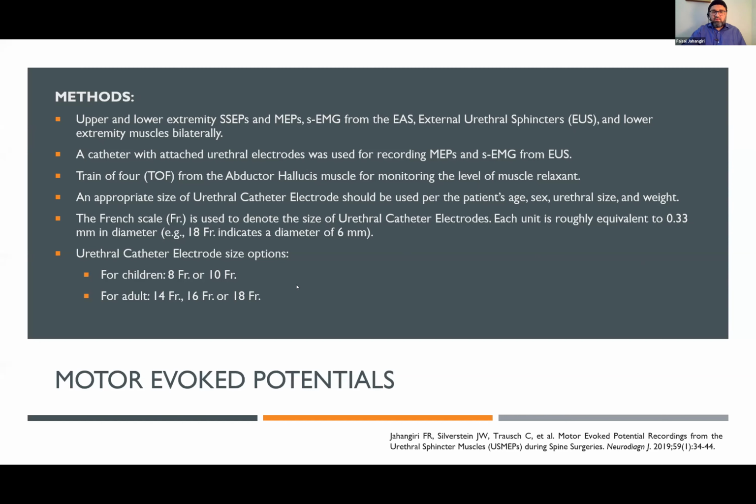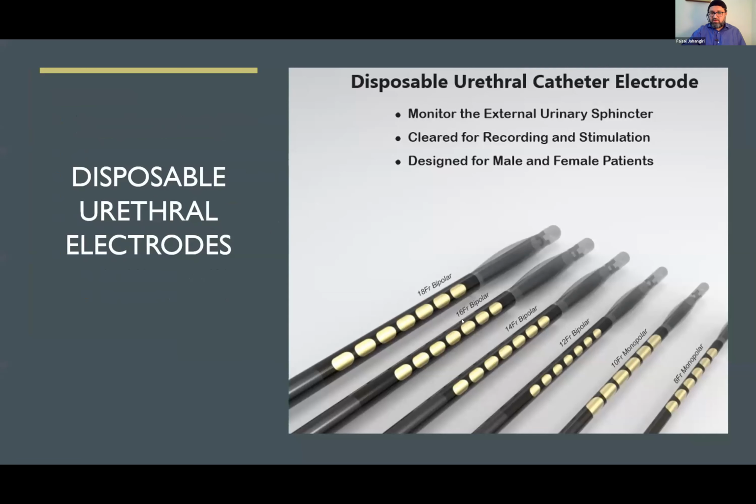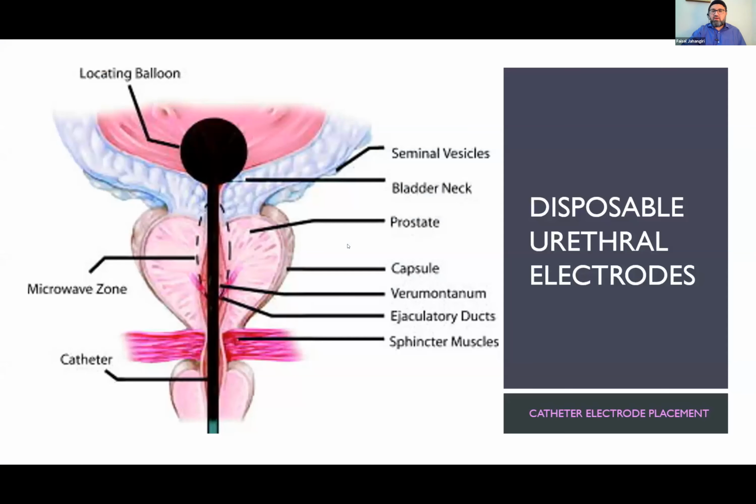For the urethral catheter, the size options we have are 8 and 10 for children, and the Foley catheters used for adults are 14, 16, and 18. They come in different sizes, and they are bipolar electrodes, except for the 8 French, which is a monopolar probe. But 10, 12, 14, all the Foley catheters have embedded bipolar electrodes, for recording the motor evoked potential and also spontaneous EMG from the electrode.